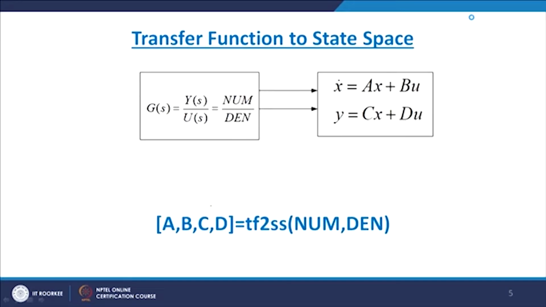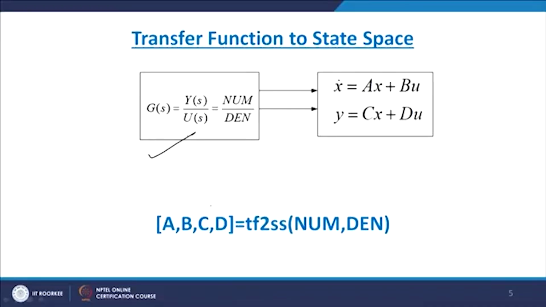Now, another part, transfer function to state space. We have seen earlier that if you are having a transfer function model, we can easily convert it into companion form, canonical form, including diagonal form, Jordan form. Now, we want to convert a given transfer function into a state space. So, see here, this is G(s), the transfer function model, and this is the state space SS model.